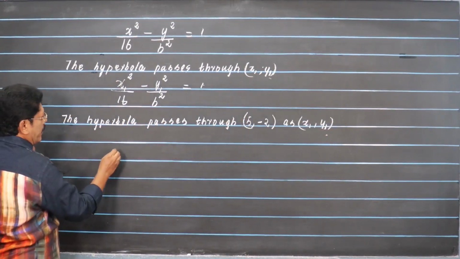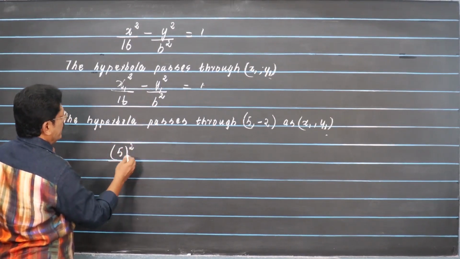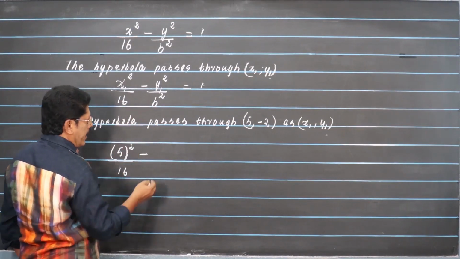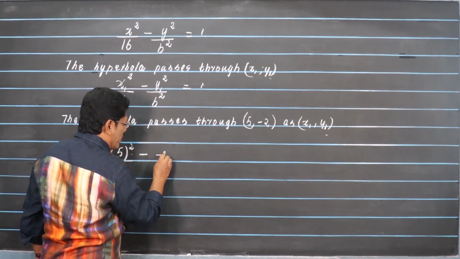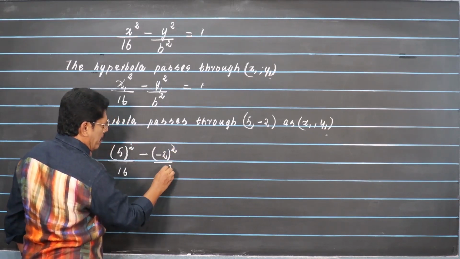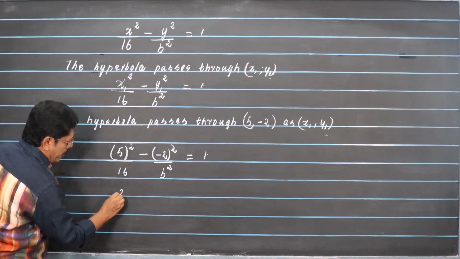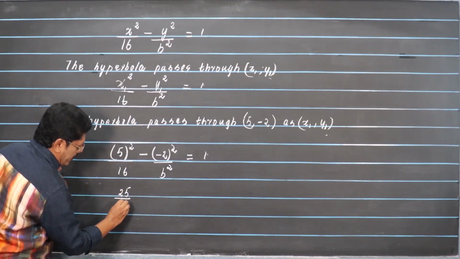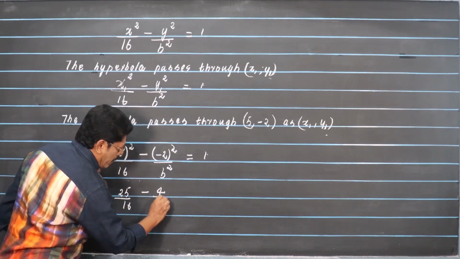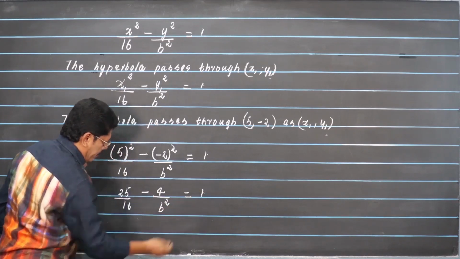Therefore, x1 squared will become 5 squared by 16 minus y1 will become (-2) the whole squared by b squared equal to 1. So, this will become 25 by 16 minus 4 by b squared equal to 1.